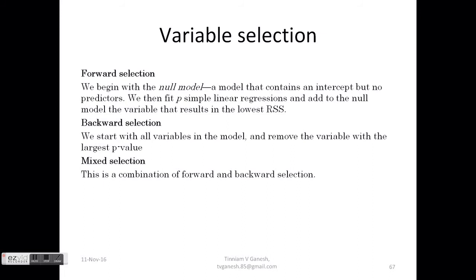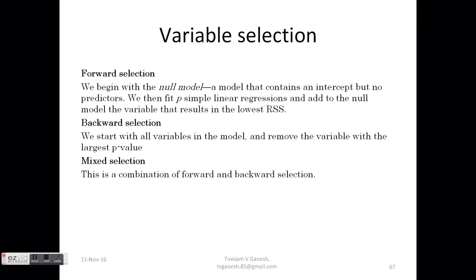We start with all the input variables in the model, and then we remove the variable with the highest p-value. In the case of newspaper, TV and radio, we saw the newspaper was highest, so we remove that. Then we take the next highest, then we take one variable less, and we remove the one with the largest p-value.